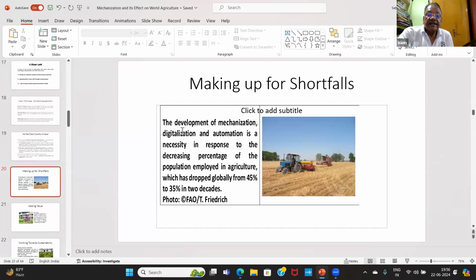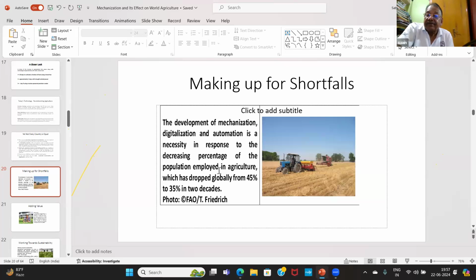Then development of mechanization, digitization, and automation is necessary in response to the decreasing percent of the population employed in agriculture. I think almost all of you have seen, when you were young or coming to college, people were involved in your own field or village. In my parents' age, workers were available.